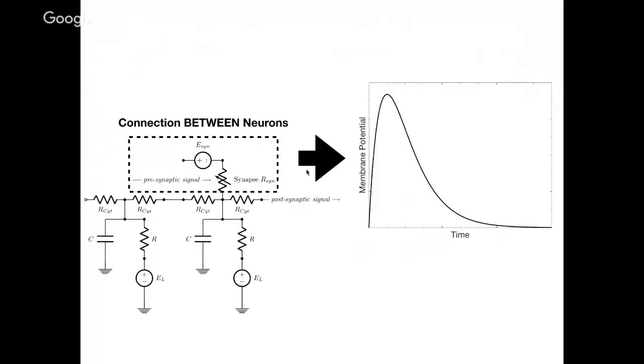So in that past one, the dynamics for the circuit were very simple. It wasn't very complicated. The majority of the complexity in this model comes from the synapses, which are the connections between the neurons. When two different neurons are interacting with each other, we see a more complicated type of membrane potential, where the membrane potential is not just simply moving up and down.